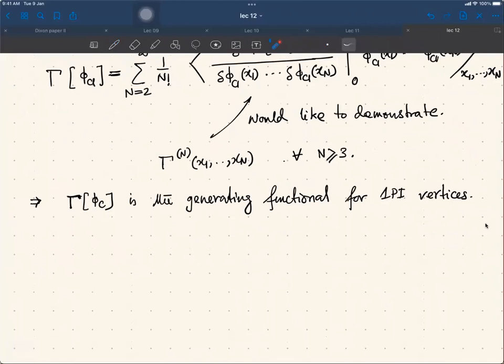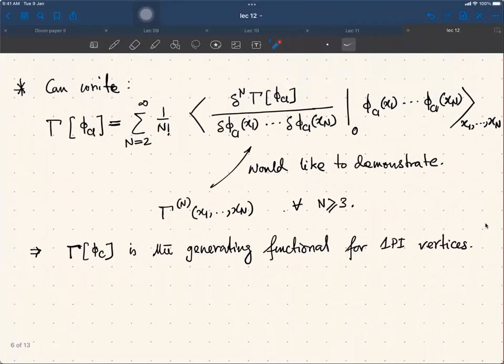Now you remember that 1PI, given this result, this is equal to this.